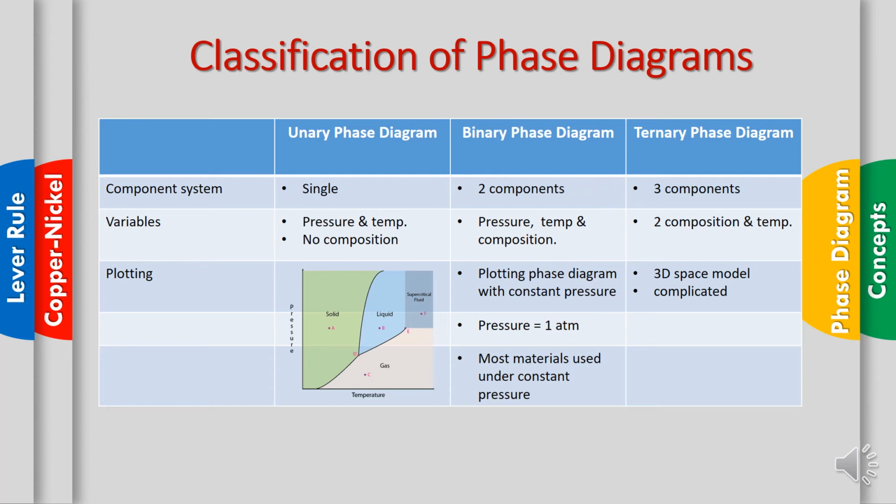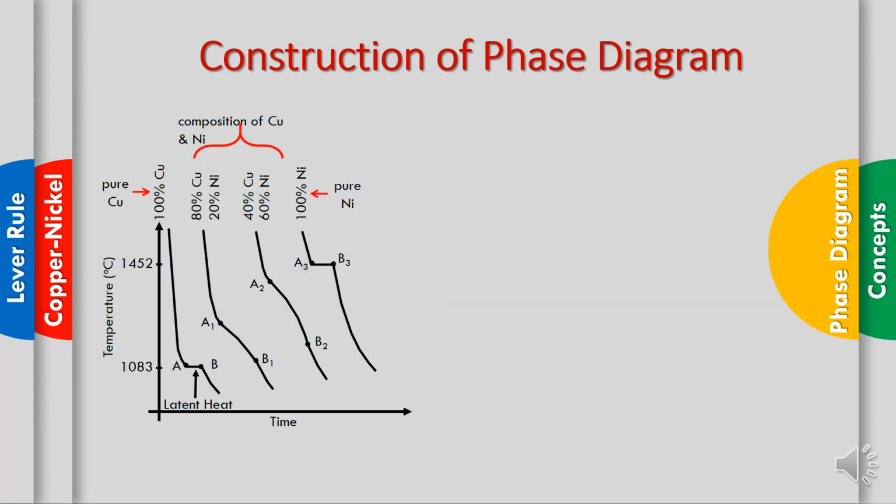For the ternary phase diagram, we will see it in a 3D space model, and this one is quite complicated. But basically in this chapter, we will cover only the binary phase diagram. Then we will go on to the construction of the phase diagram.